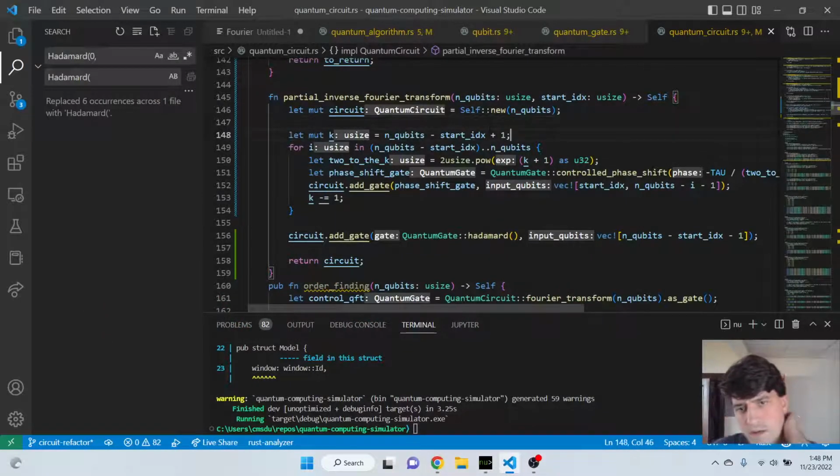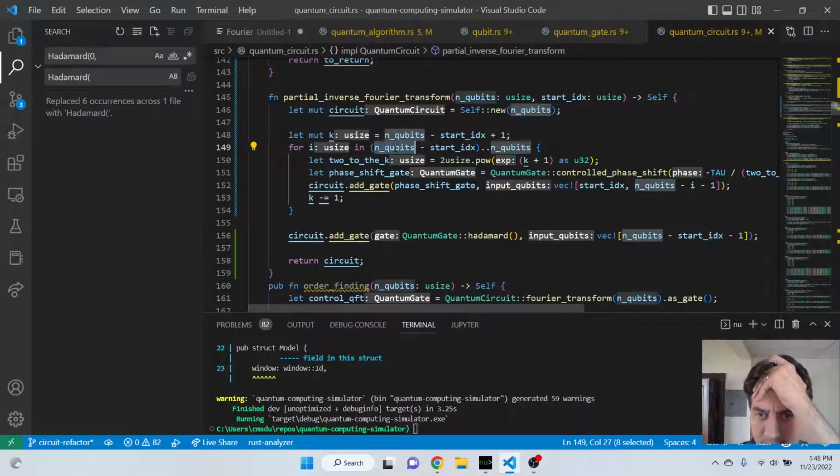This is still wrong. So when start IDX is 0, it gets skipped. When start IDX is 1, then this is 2, and we want it to be 1 over 2.